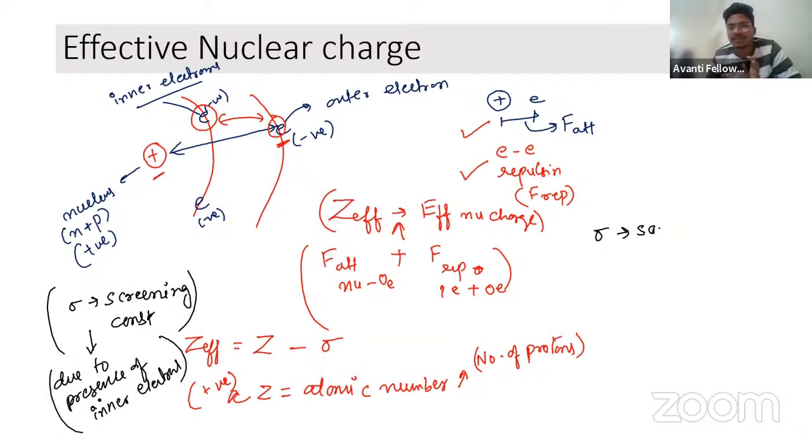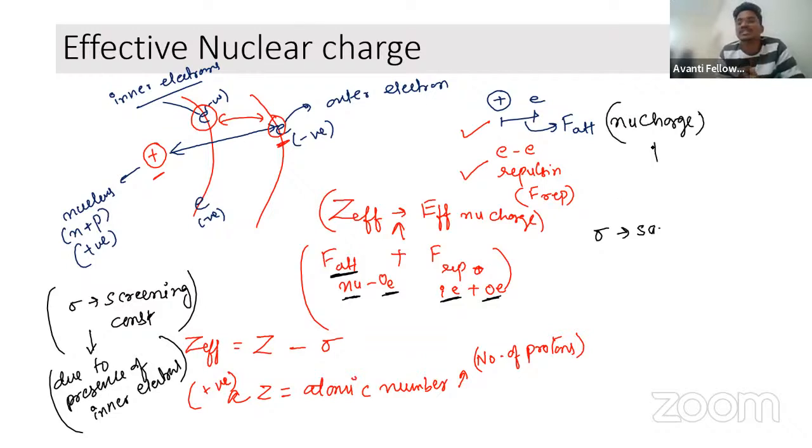I am repeating again. What is effective nuclear charge? It is the combination of the force of attraction between the nucleus and the outer electron and the force of repulsion between the inner electrons and the outer electrons. Sometimes in your NCERT, they simply say nuclear charge. What is the meaning of nuclear charge?